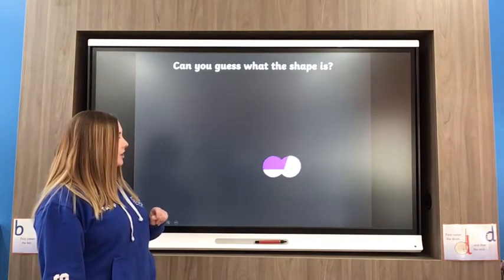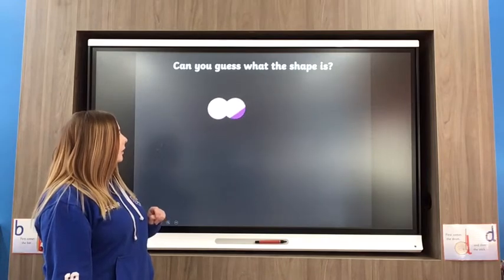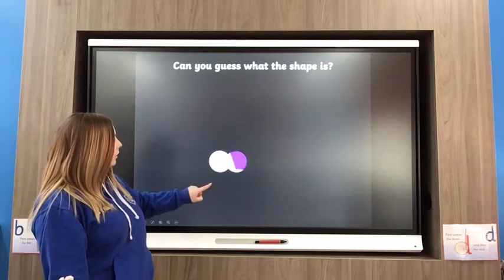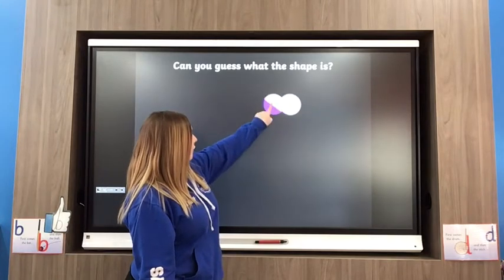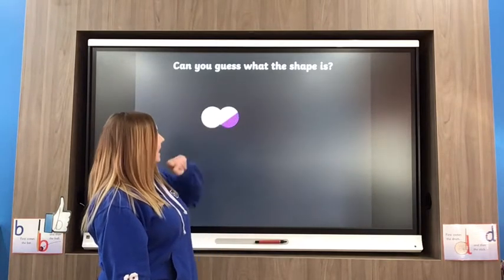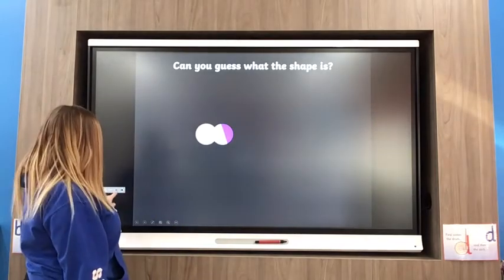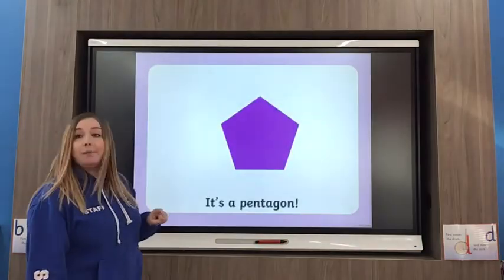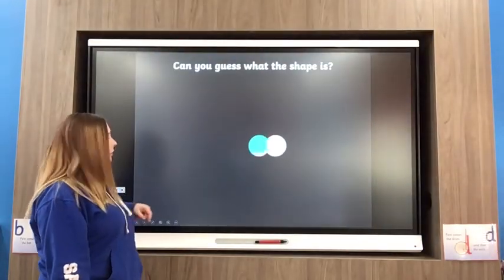How many edges? Okay, so 1, 2, 3, 4, 5 edges. What do we call a shape that's got 5 sides? A pentagon. Brilliant.